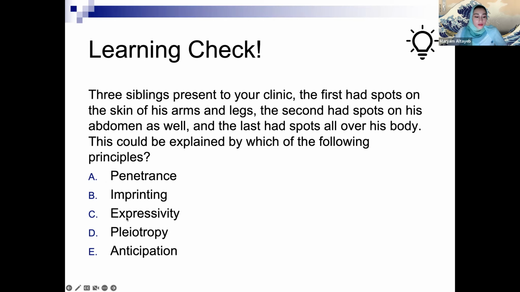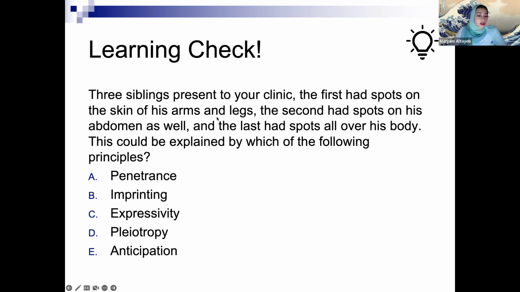And so again, let's just go through what the definitions are. We said penetrance means that not everyone with the mutation will have the disease. We said expressivity is the spectrum of a specific disease manifestation, which you're right is the answer here. And pleiotropy is talking about how it can affect different organ systems. So you're right, the answer is expressivity because you can see it's a spectrum.